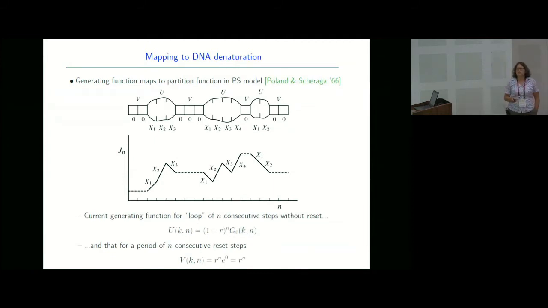So what we do first is we write down the generating function for a loop of n consecutive steps without reset. And that's very easy. It's the generating function for the original process, G0, multiplied by the probability that I have n steps without reset. And even easier, I can write down the generating function for n steps with reset, in which no current flows, so I just have r to the n for the probability of there being n consecutive steps with reset.